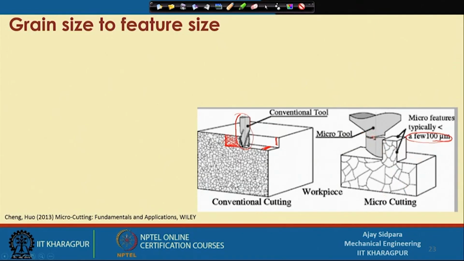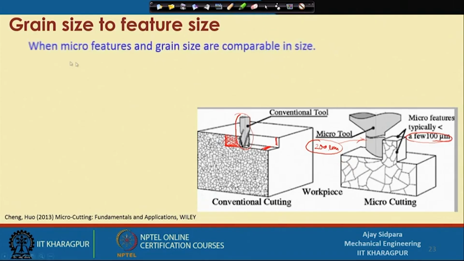Your cutting tool also has a grain structure, and when you are talking about a cutting tool diameter of, say, 200 micron, then you have to use very fine particles of tungsten carbide and cobalt, so that you end up with a very large number of grains, and you can get the required geometry on the cutting tool also.